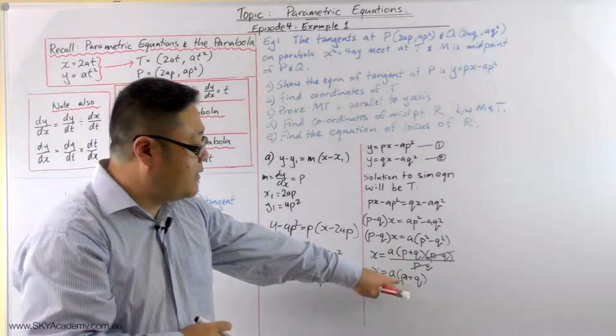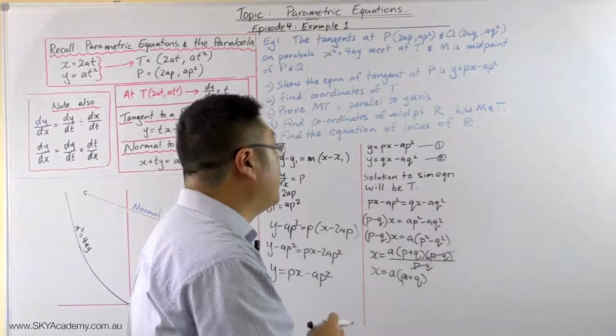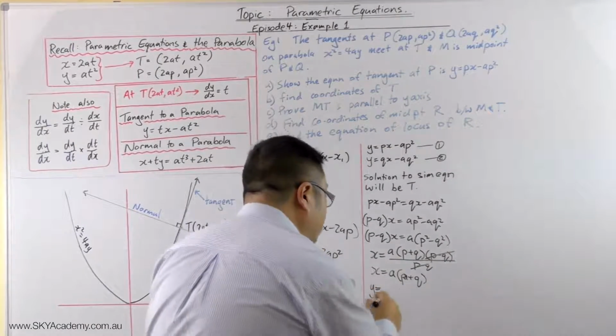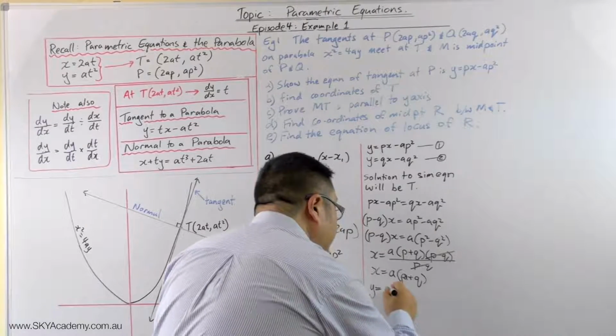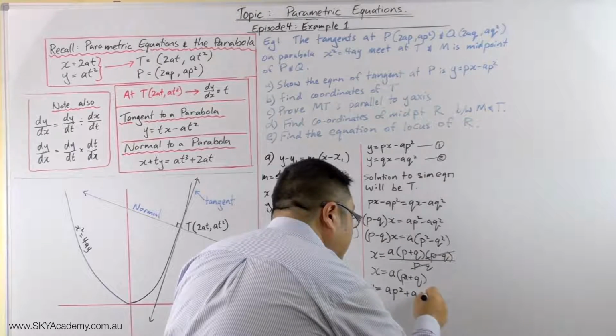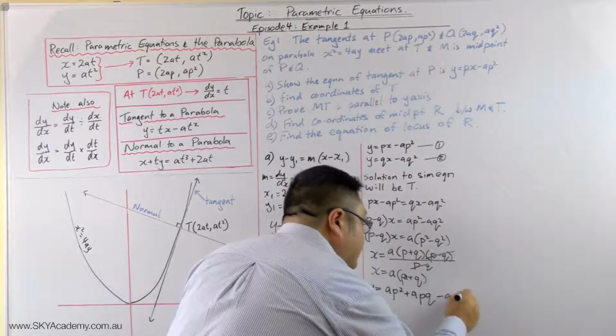Now to work out y, substitute x back into the equation of the formula, and that'll give you your y coordinate. So let's do that. So y is going to be equal to ap squared plus apq, right, minus ap squared.